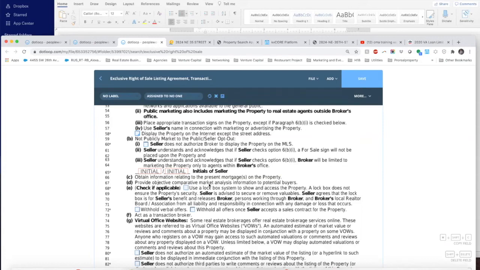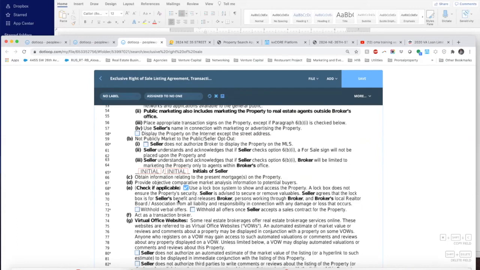Provide objective comparative market analysis information to potential buyers. Use a lockbox system to access the property. This is definitely a yes for houses, sometimes apartments too. A lockbox doesn't ensure the property's security. Seller is advised to secure and remove valuables.